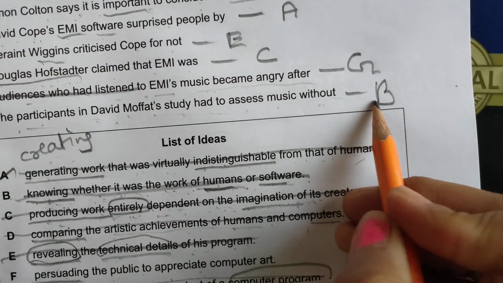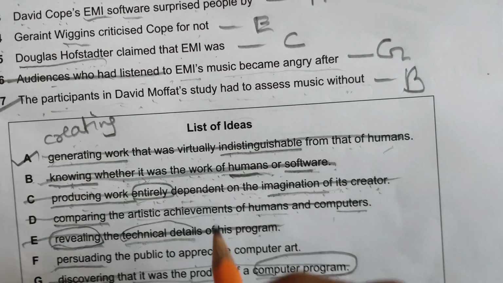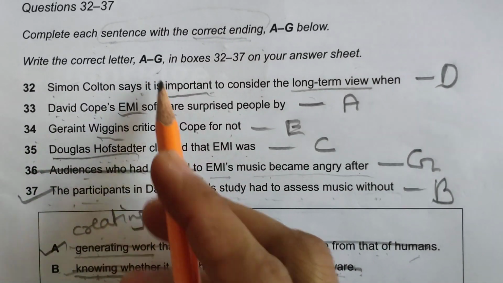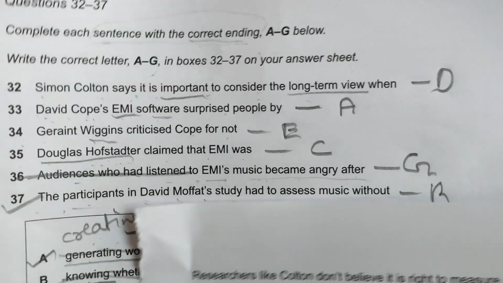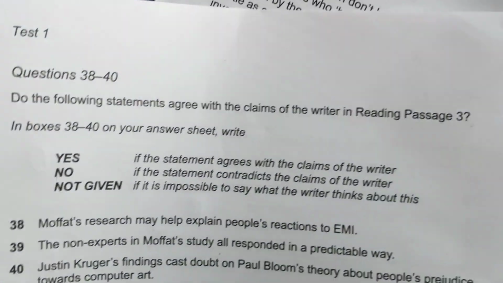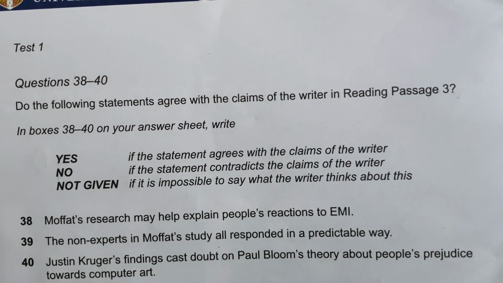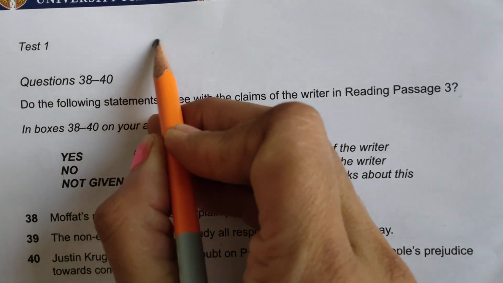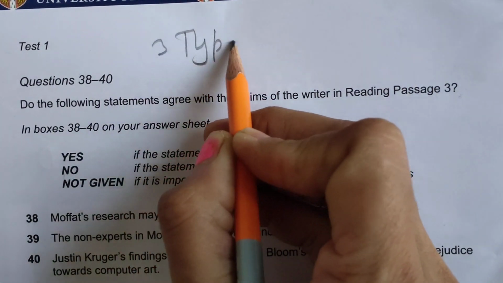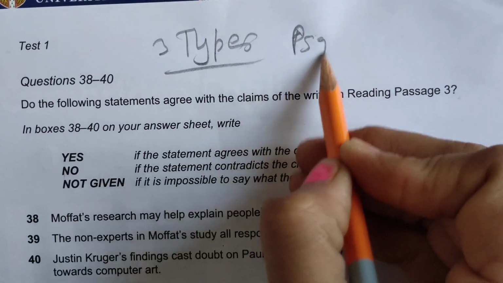So B is the answer for this. In this way we have completed the sentence completion questions. Now we are left with three questions, so let's move on to them. There are three types of questions in this passage, reading passage 3.